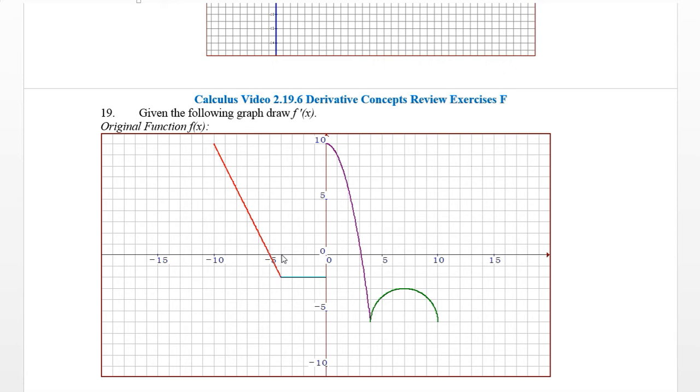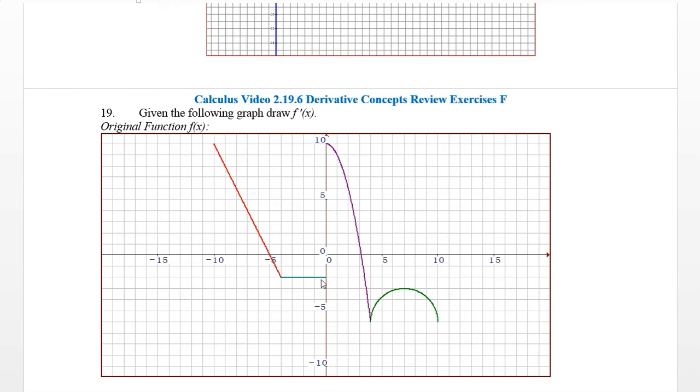Then you've got a break where the derivative is undefined at this sharp corner, and it goes across here at 0. Because of the discontinuity here, we also have a break. The derivative is undefined when x is 0. Now this part's a little harder to see. First of all, the red part over here has a negative slope, so we should see a negative derivative, and we did. It was -2.